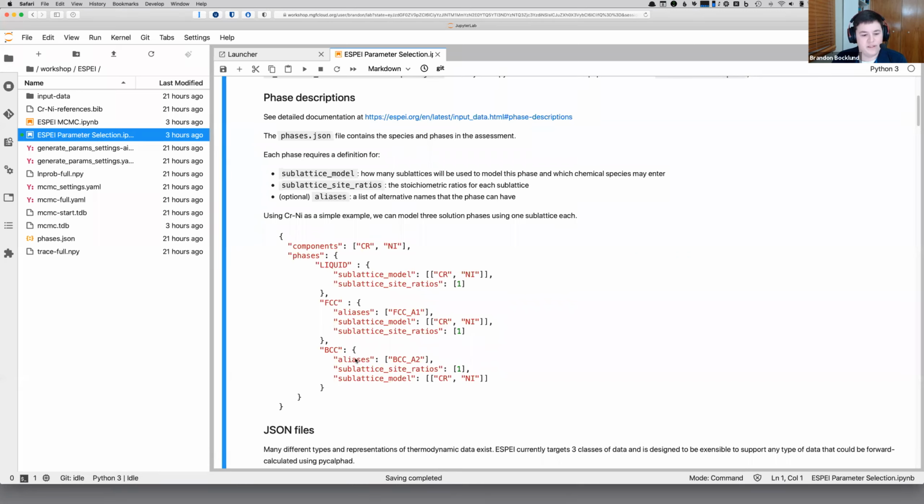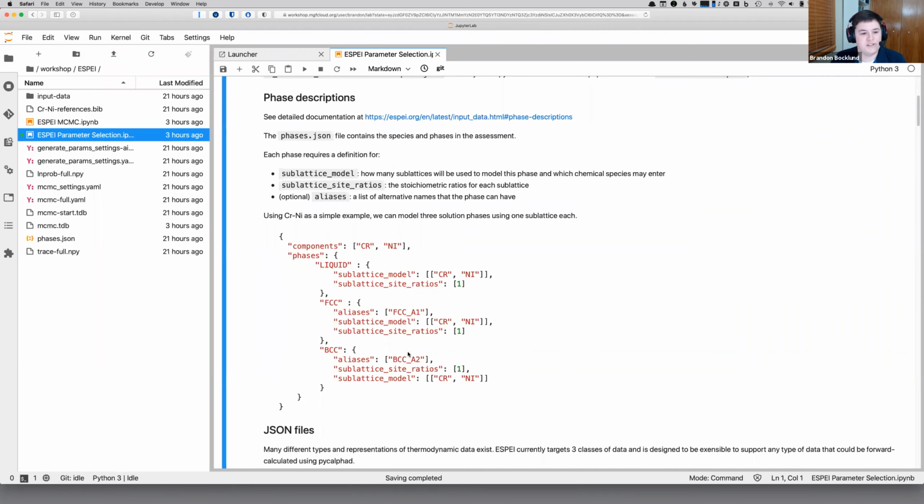And then the other thing you'll notice is these aliases. And so what these are is alternate names for these phases. And in particular, one of the phase names or the list of aliases needs to match the unary reference state that you will use. And so what I mean by that is ESPEI by default will give you a set of unaries. So it gives you the latest SGTE unary database to start with, if you're familiar with that.